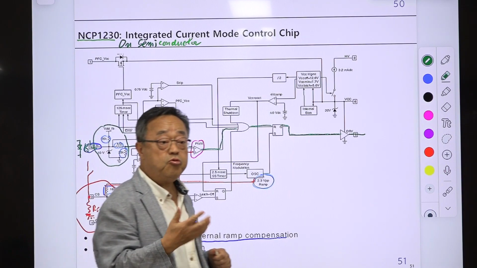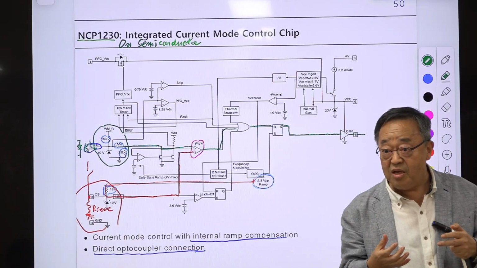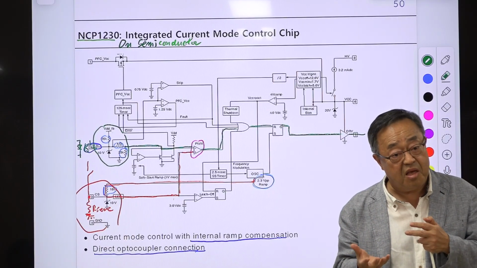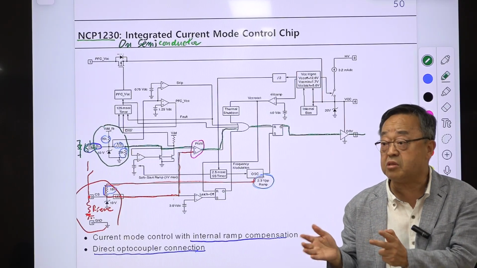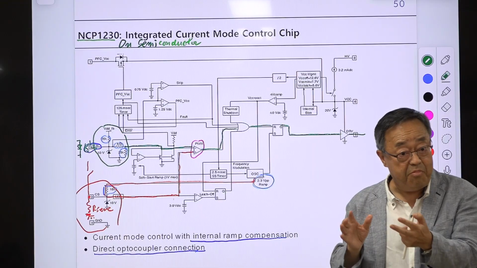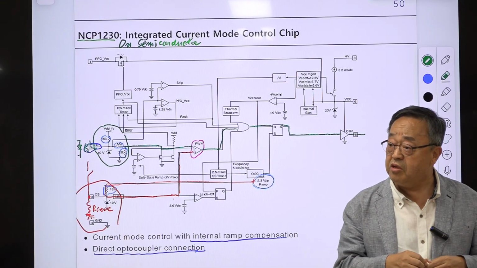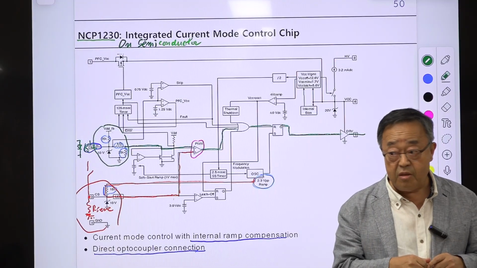They were using our MOSFET and our control chip, and they were considering replacing that with the Top Switch, because the Top Switch is very easy to use and they can miniaturize their product. So it was a very urgent situation.